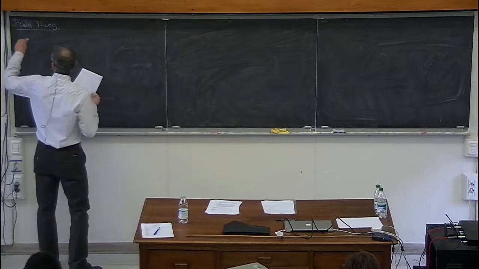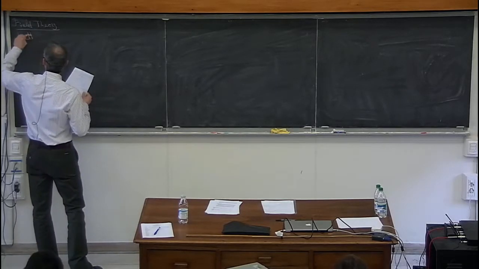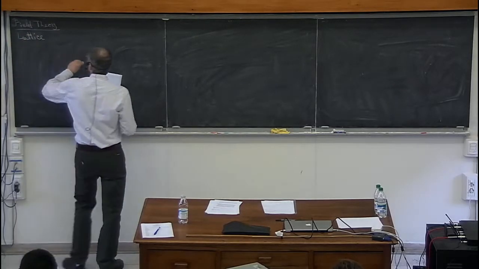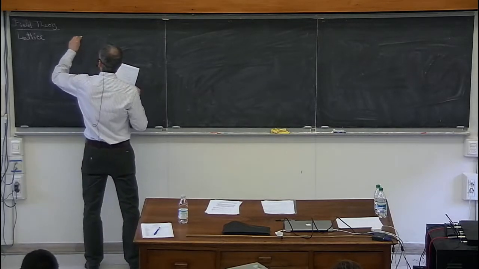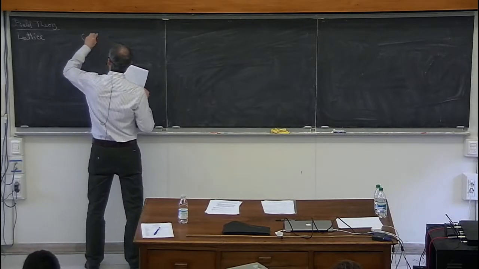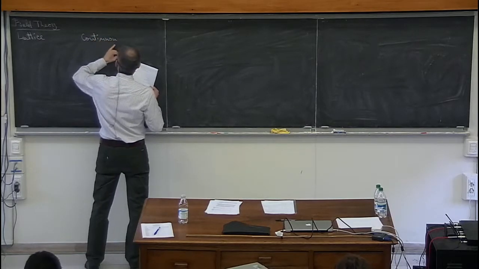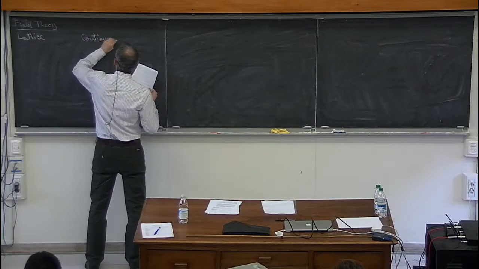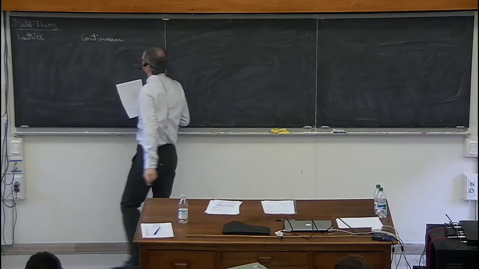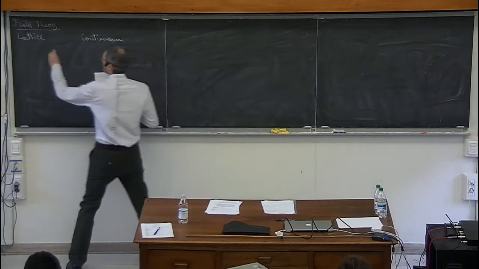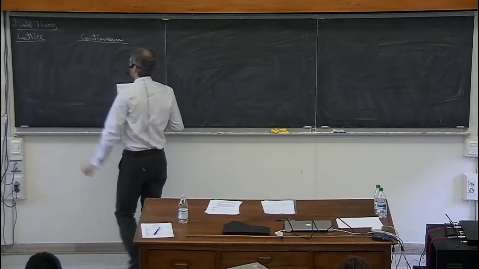So we have, say, on one side, the lattice that we described up to now, and then we want to go to a continuum approach. And the dictionary will be like this.